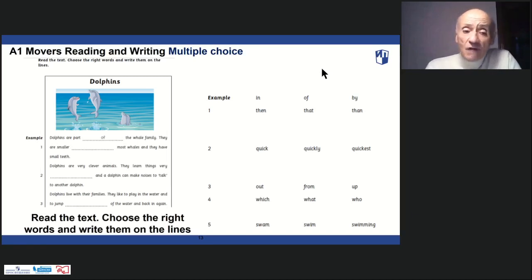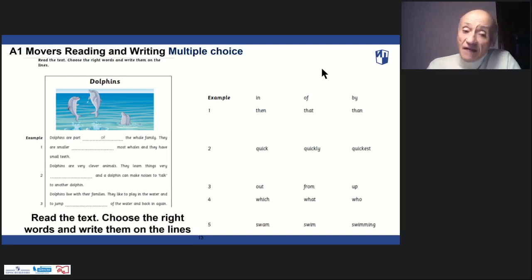That's about dolphins. Dolphins are part of the whale family. They're smaller, and for number 1, which word are we going to choose? Smaller than, of course. They're smaller than most whales, and they have small teeth.